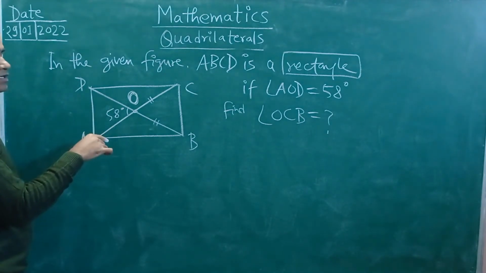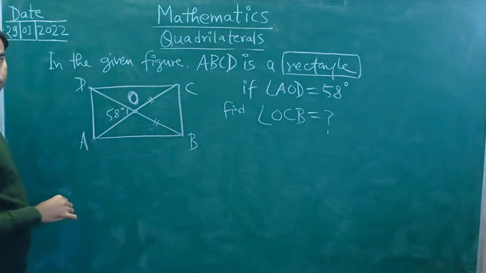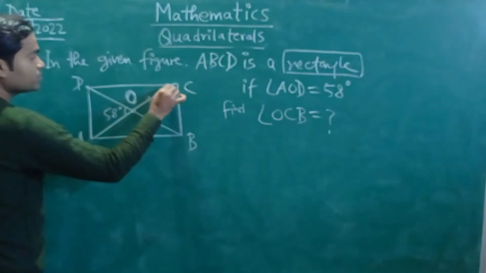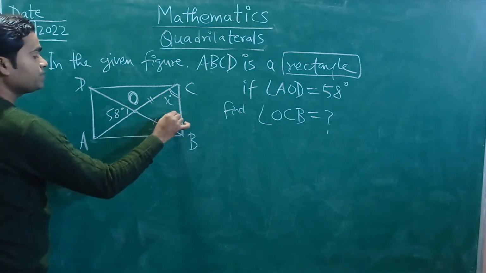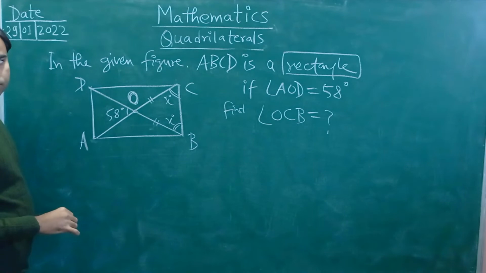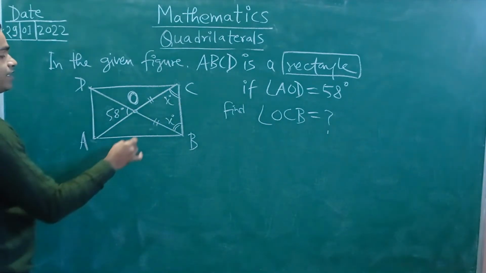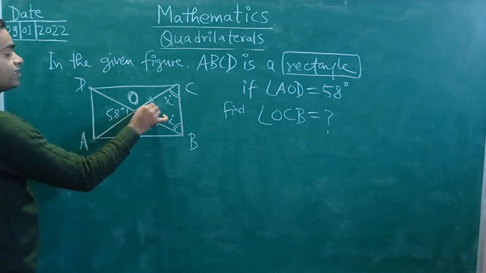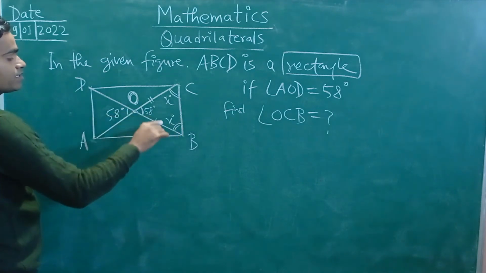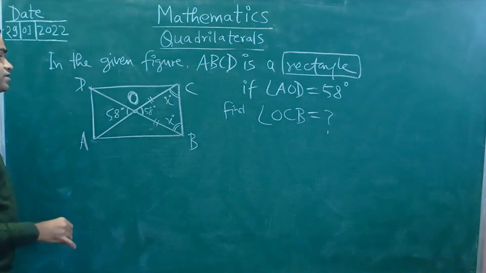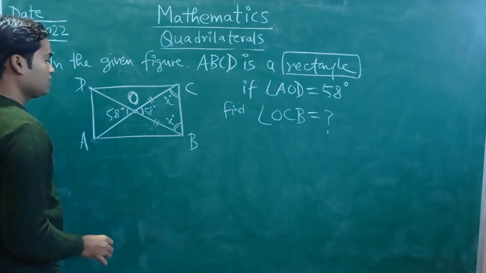Then their half part OB will be equal to OC, and angle opposite to equal sides are equal. These two angles will be of the same measure, x and x, and angle BOC will be 58 degree, vertically opposite angle. Then sum of these three angles will be 180. Hence our answer OCB will be there.